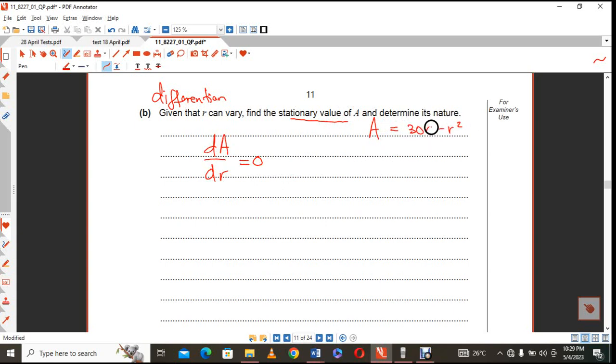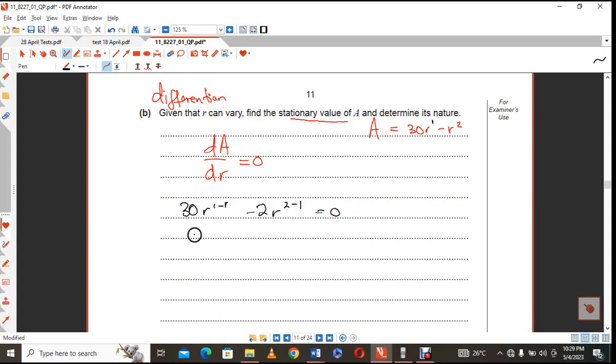Okay, so I know that you know this from your work on differentiation. Remember here the power is 1, so you're going to have 1 times 30, that is going to be 30, and for r squared you take away 1 from the power, and you're going to have 2 times negative 1, and you're going to have that. Well, that should equal 0.